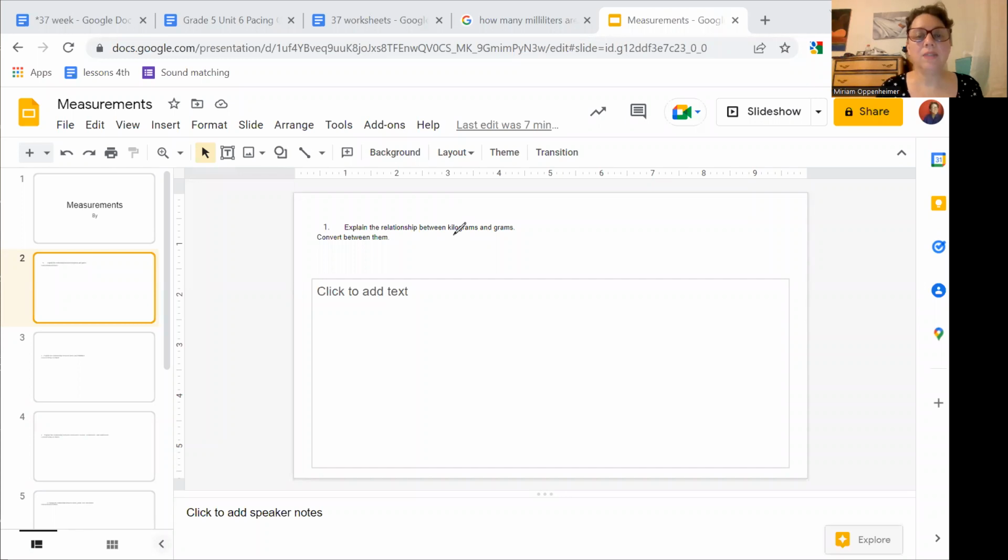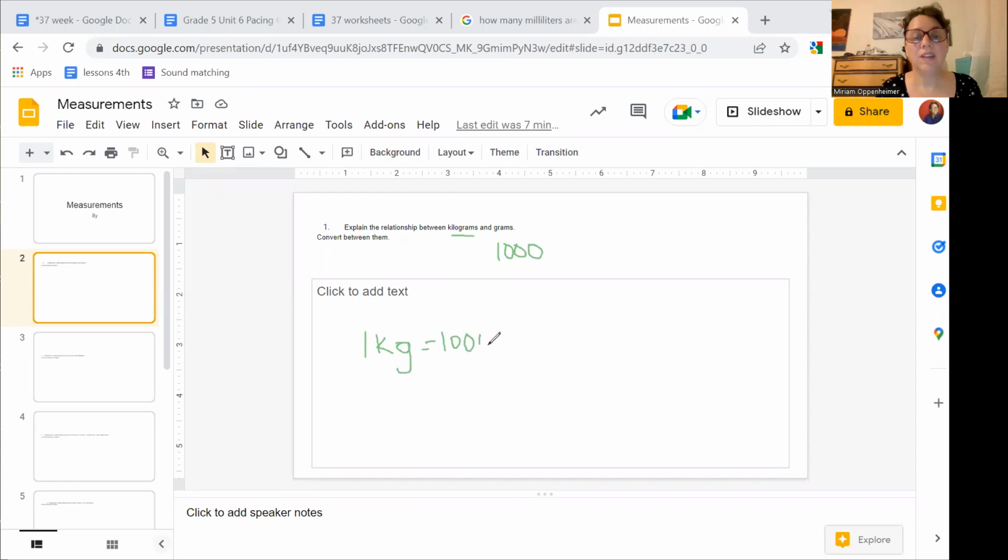Okay, you can make this bigger if you want, but basically there are 1,000 grams in a kilogram, and so that's the answer. Convert between them, and then you could make an example of 1 kilogram, that's a G, kilogram equals 1,000 grams.